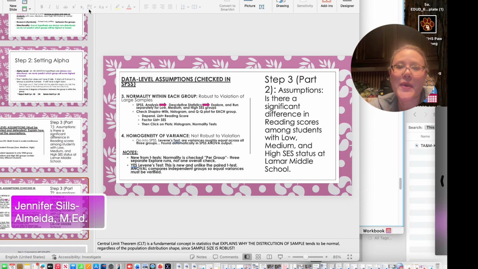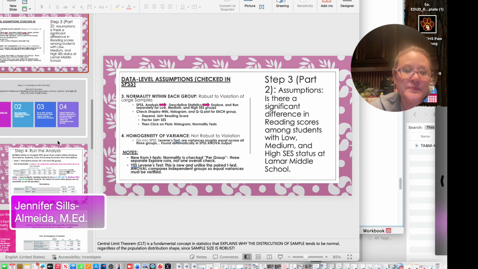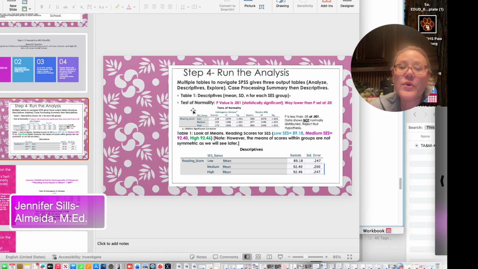Let's jump back into the slides. We ran the analysis and tested normality. What we have is that the p value is 0.001, so statistically significant.